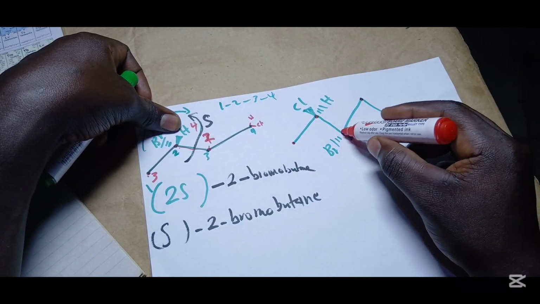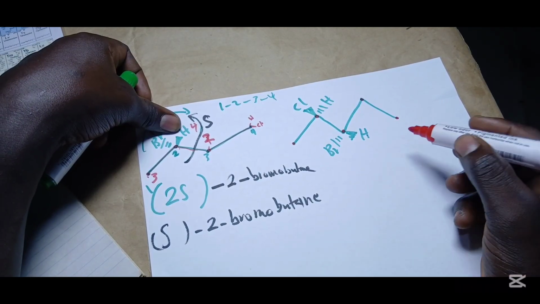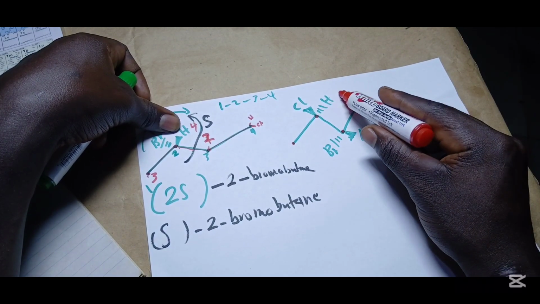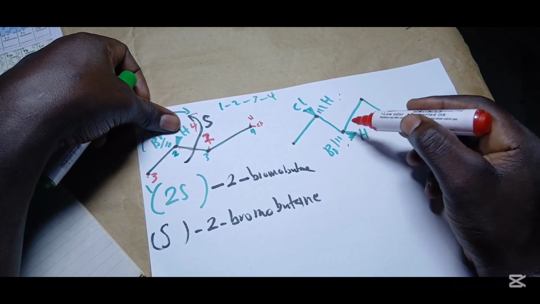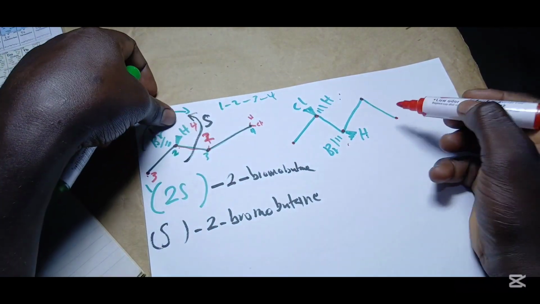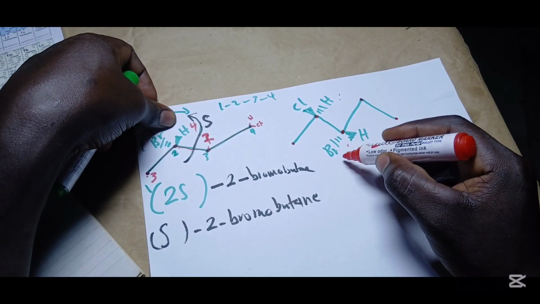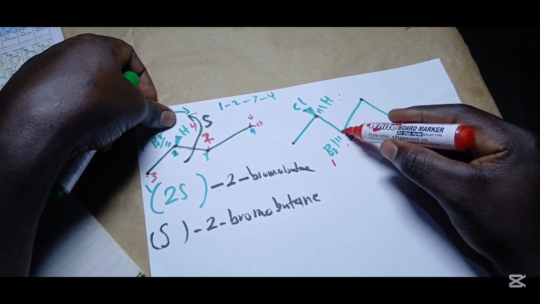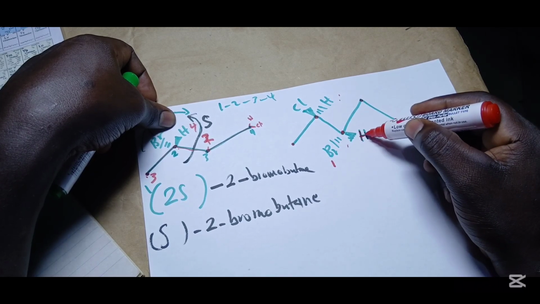So let's look at this carbon right here. We have bromine and then hydrogen. This carbon looks like symmetrical, but it's not symmetrical because if we divide this carbon into 2, we are going to have carbon here with substituent and the rest they won't have substituent, so it's not symmetrical. So looking at this carbon, our bromine here should be priority number 1, and we have carbon, which will have higher priority than hydrogen.